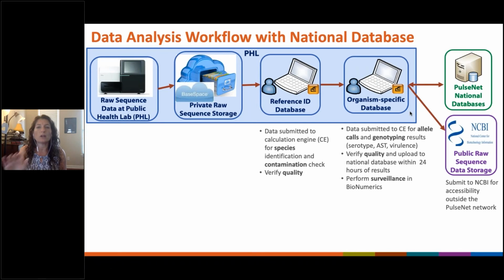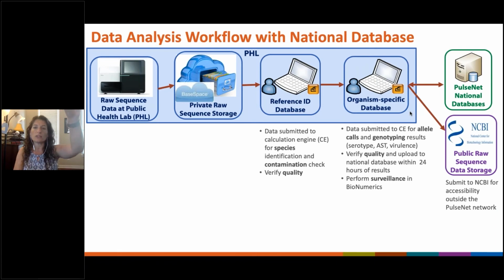That sequence data goes into a reference ID database. A reference ID database is where you just put all your sequence data. It doesn't matter if it's Salmonella, E. coli, or Listeria, it all goes in this one database. They submit their data to the CDC's calculation engine, and what they get back is species identification and an initial quality check for contamination. They verify that, and then it pieces it out.